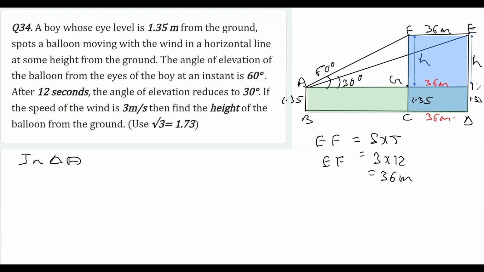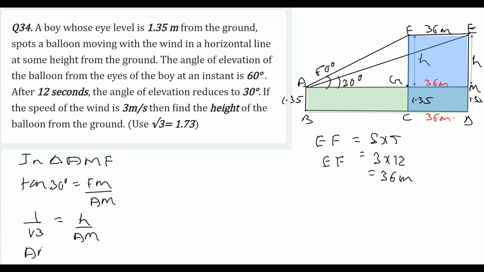So GH, let's say I'll name it as M. So that is in triangle AMF, we have tan 30 is equal to perpendicular FM over base AM. Tan 30 is 1 over root 3, equal to perpendicular, which is H, over AM, and AM is what we have to get. So AM comes out to be root 3 times H.